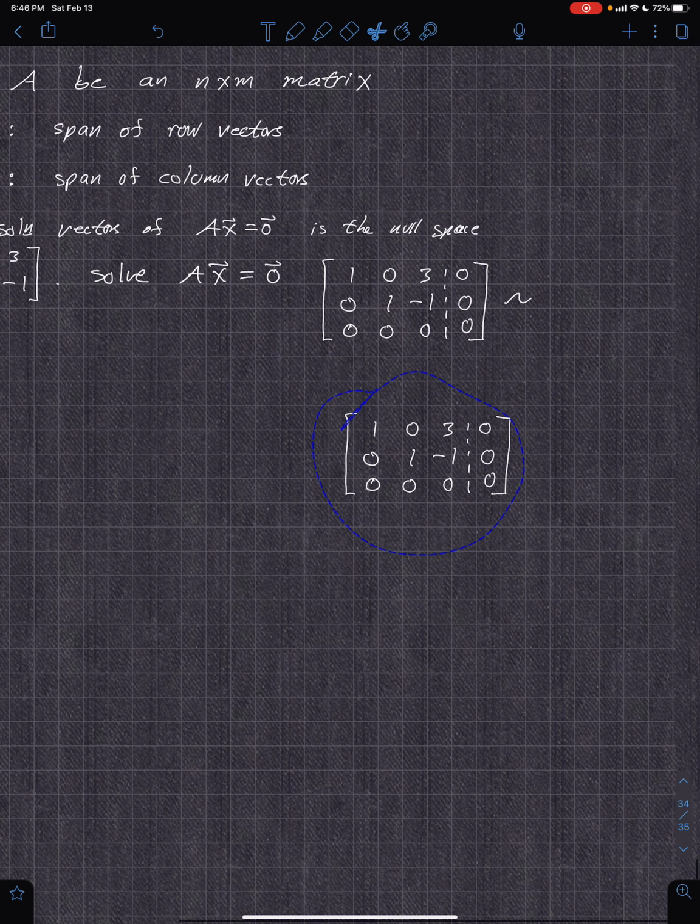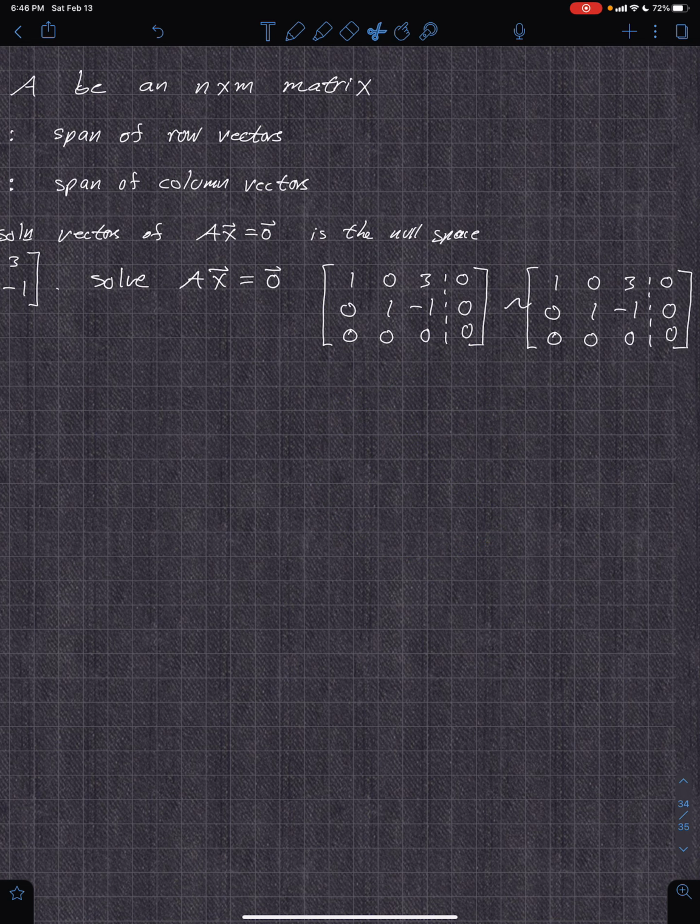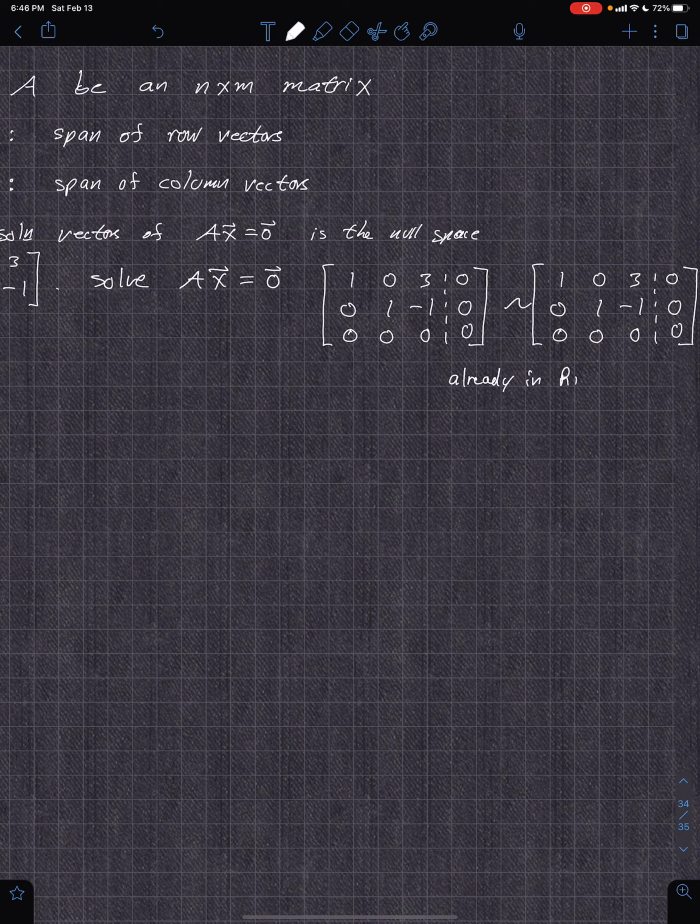Okay, but the pivots are all there, really nothing else to do. Close enough. So this is already in row reduced echelon form.